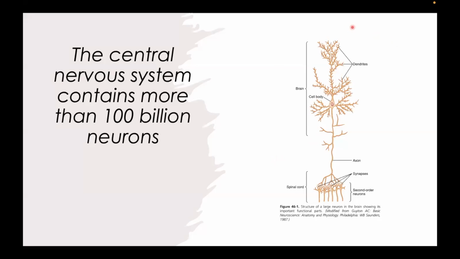This is the structure of the neuron here on the right. And always remember the basic structural and the basic functional unit of the nervous system is a neuron. The neuron consists of a cell body, which we also call the soma.